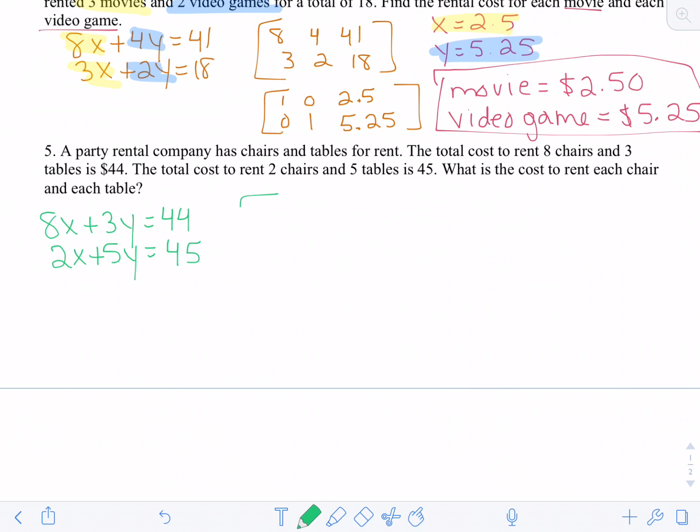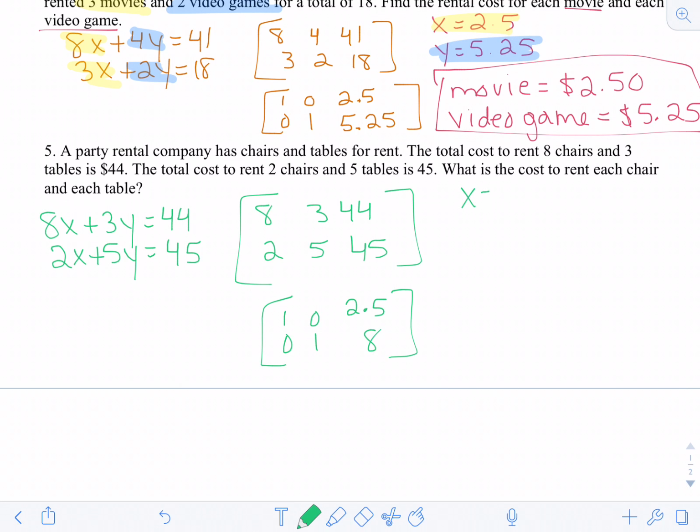So we're going to plug this into our matrix. We have 8, 3, 44, and 2, 5, 45. Plug that in, and it should come out to 1, 0, 0, 1. And my numbers here are 2.5 and 8. So again, that means X is equal to 2.5 and Y is equal to 8.